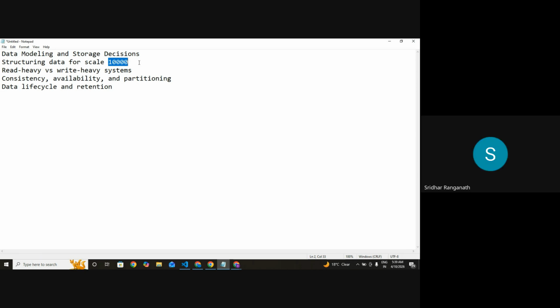Make sense? You need to plan ahead. Otherwise, if you plan only for right now and don't think about when traffic and load will increase, what will happen? So that's why it's required. You understand my point?